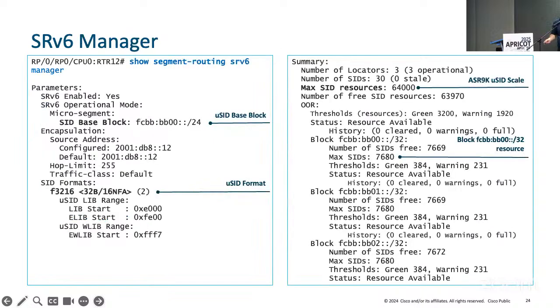How do you check that information? This is what we have defined: show segment-routing srv6 manager. I don't know, other vendors may have a different way of telling this, but this is how we do it in Cisco. Once you define the SRv6 config, and it has been flooded by the IGP, it always tells you what the block is, right?